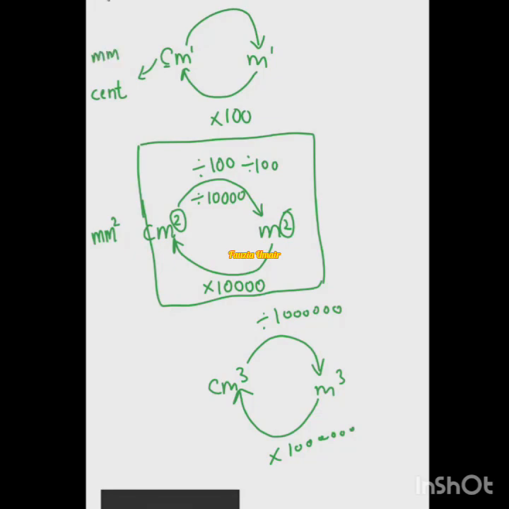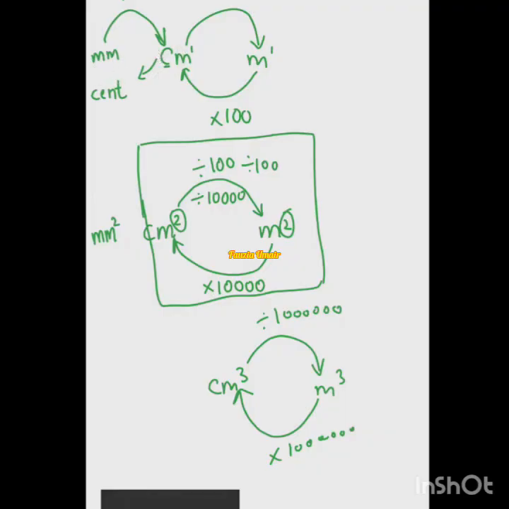Can you tell me, if we are converting from millimeter to centimeter, then what do we need to do? We have to divide by... a hundred? No. In 1 centimeter on your scale, how many millimeters are there?